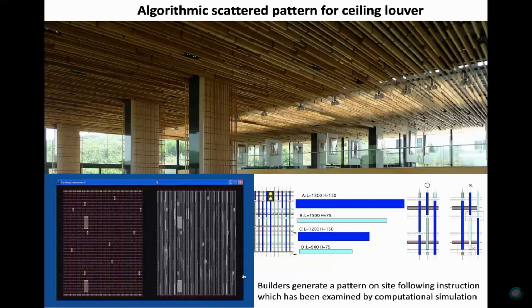So we were convinced that a simple set of rules could generate a sufficiently randomized pattern to meet the standard, and we just asked local builders to follow these instructions. The result was a kind of algorithmic construction process carried out with manual labor. It was an unexpected result.